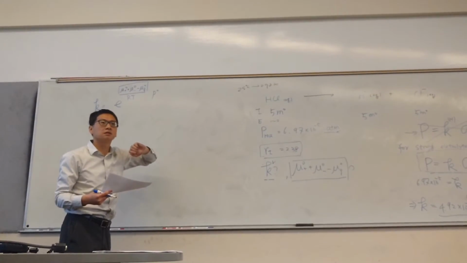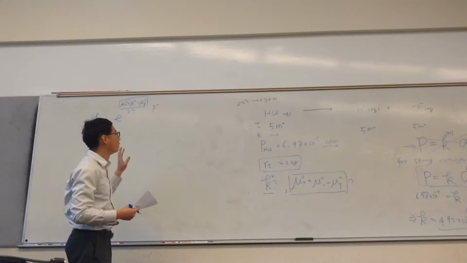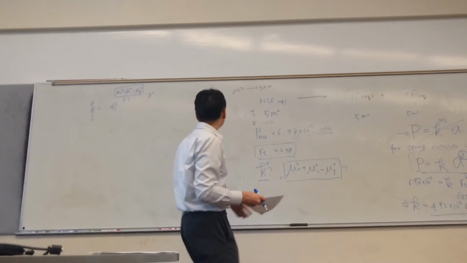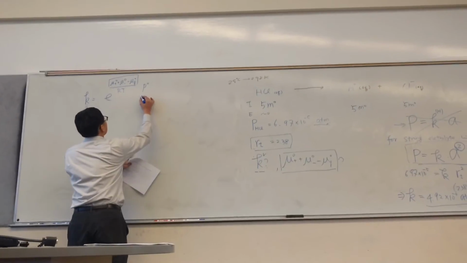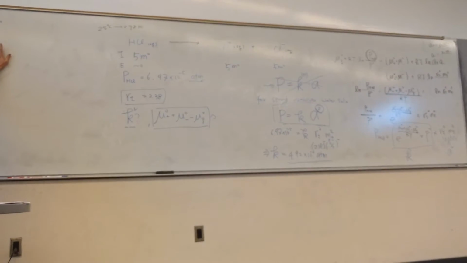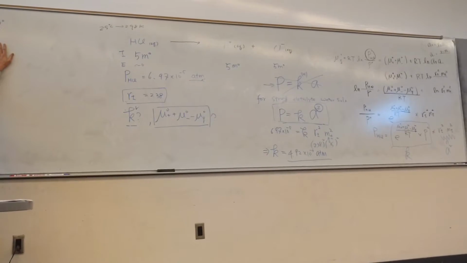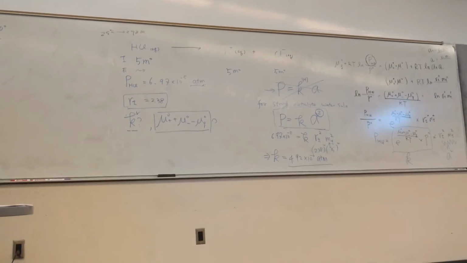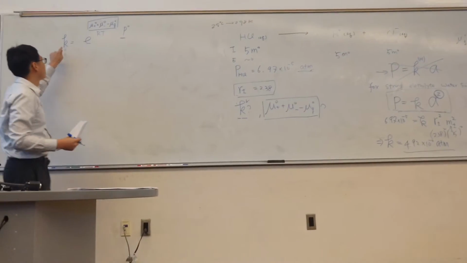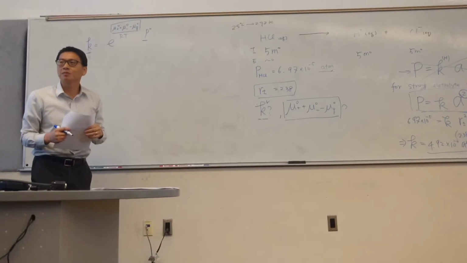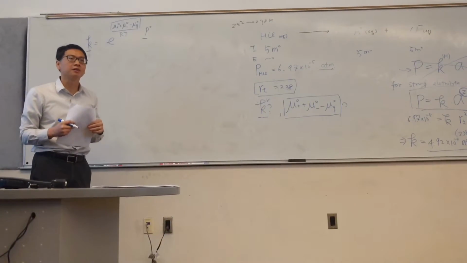Clear? When you do the estimation, the only thing you want to be careful about is this term, where you use 1 bar. Here, what's the unit of your K? ATM. So you need to make sure the unit of this and that are the same, otherwise you get the wrong answer.